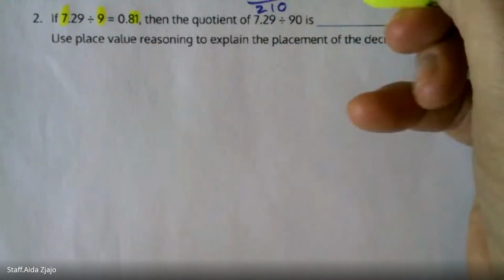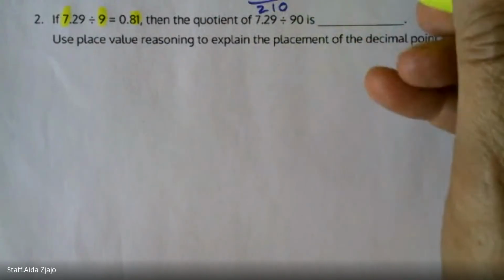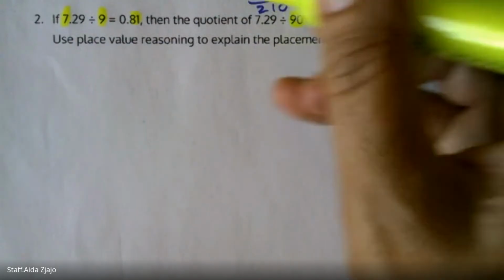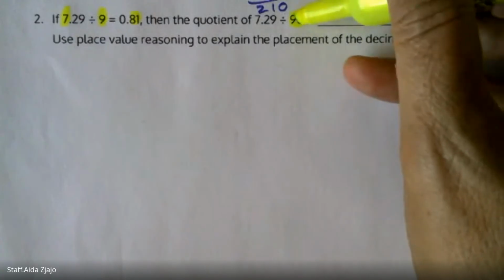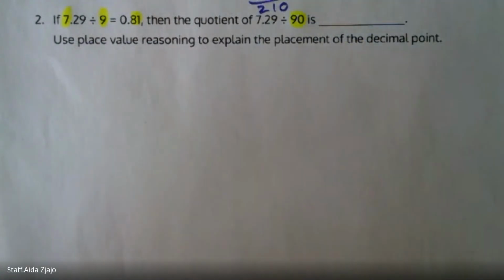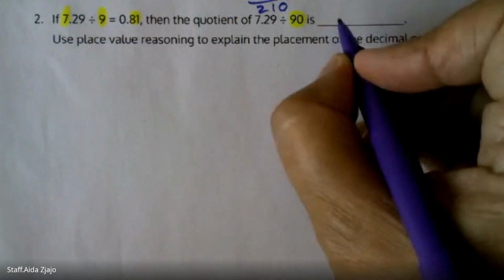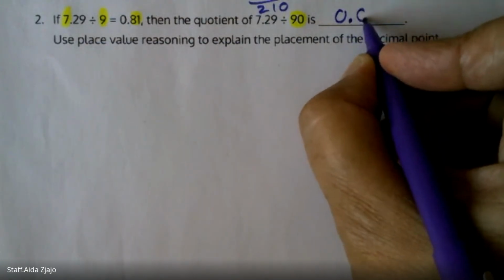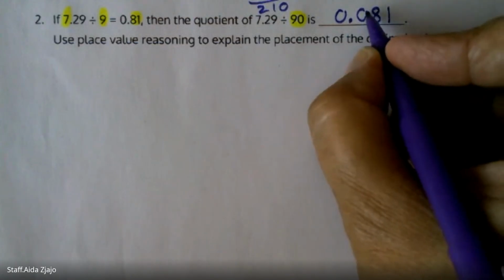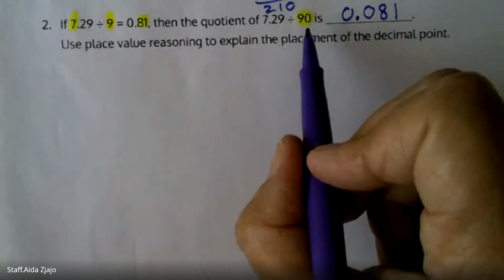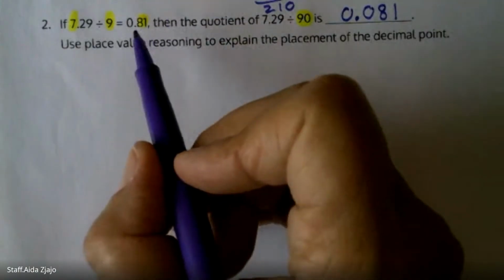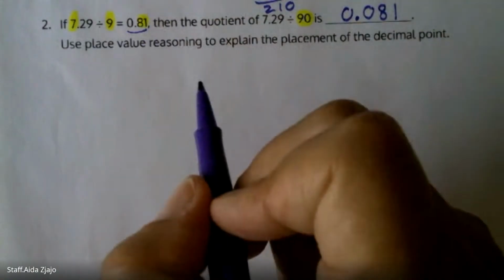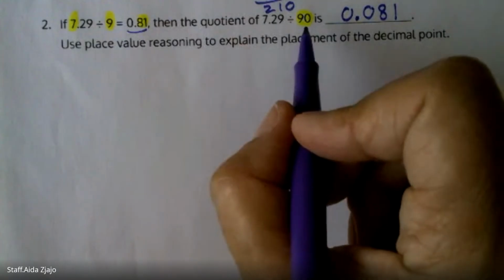Then the quotient of 7.29 divided by 90 is going to be 0.081, because the quotient of this will be divided by 10.